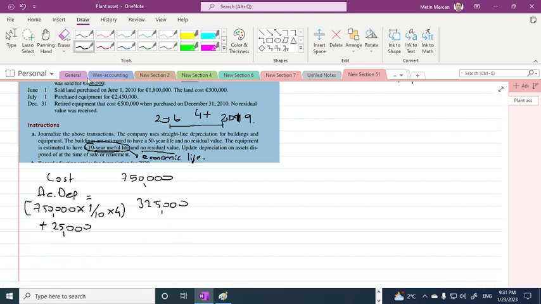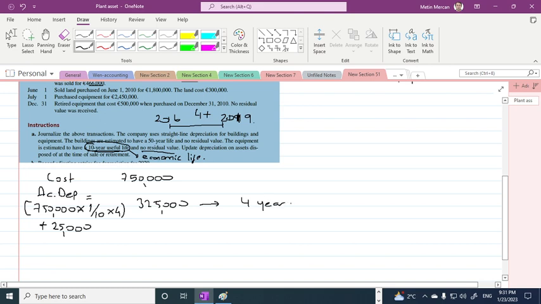I mean, this is accumulated depreciation, 4 years plus 4 months. So every year 75,000 for 4 years. 4 over 12, it is $25,000, right? So that will be 325.